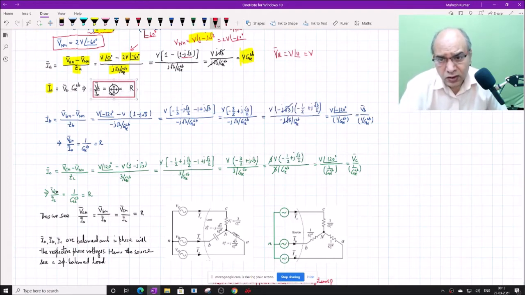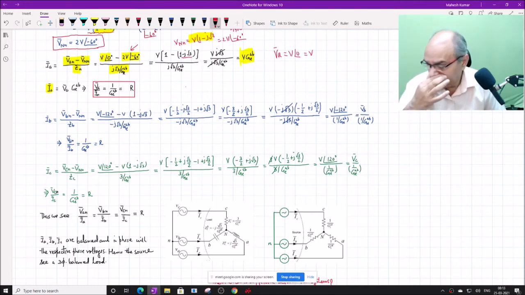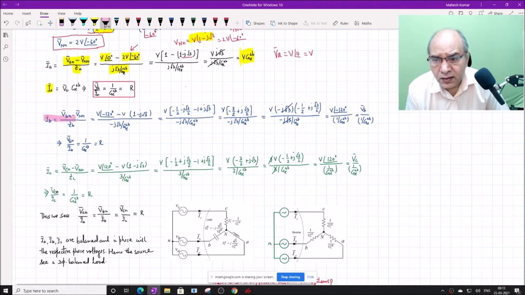Okay, the current and voltage are in phase. So even though it looks as if there is resistance, inductance, capacitance, the A phase current is in phase with the A phase voltage. But let us see the second phase, IB. So IB is equal to VBN minus VNN by ZB.